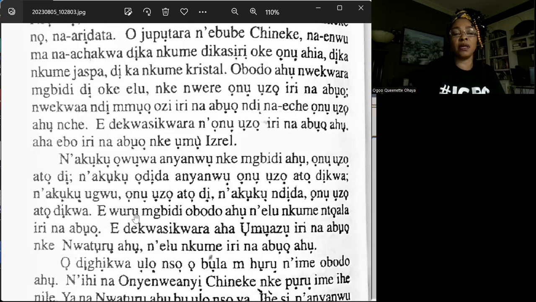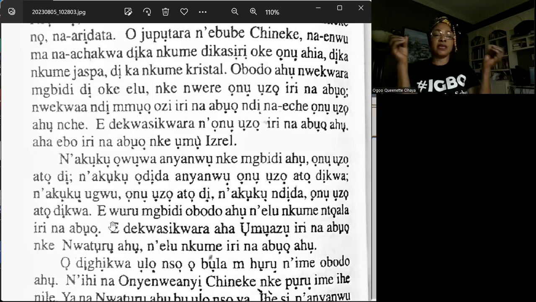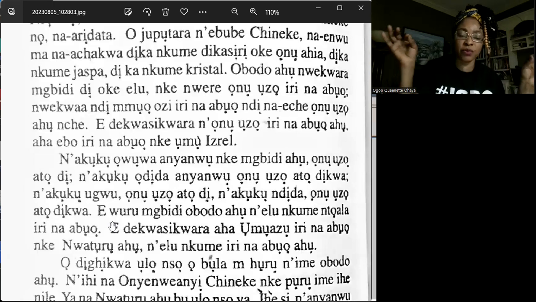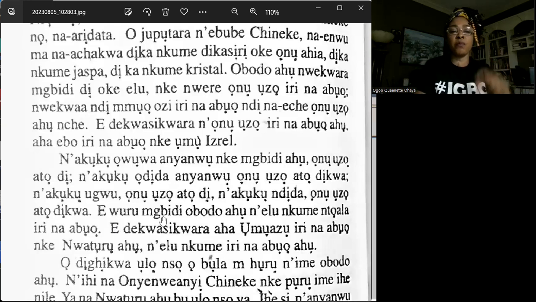Jacob, read like you are alive. You're reading like you're sleepy. I need you to be lively when you're reading. Ewuru mgbidi obodo ahụ n'elu nkume ntọala 12.